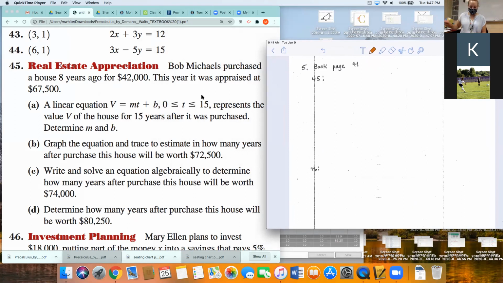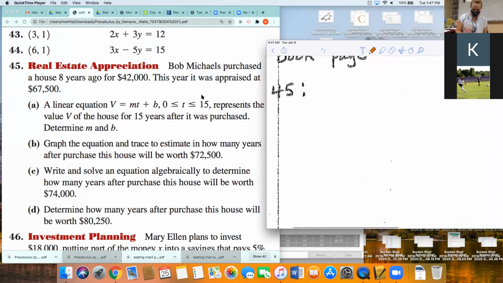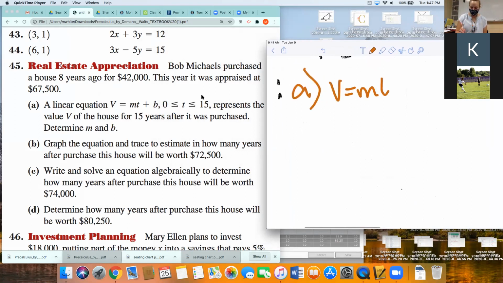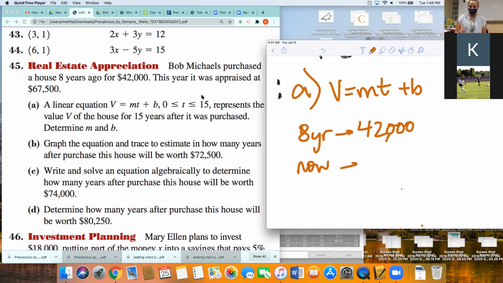Awesome, so we are using the equation. Little letter A, and it says V equals MT plus B. We found out that 8 years ago, it was $42,000. And today, I'll just write now for right now, that will be 67,500.